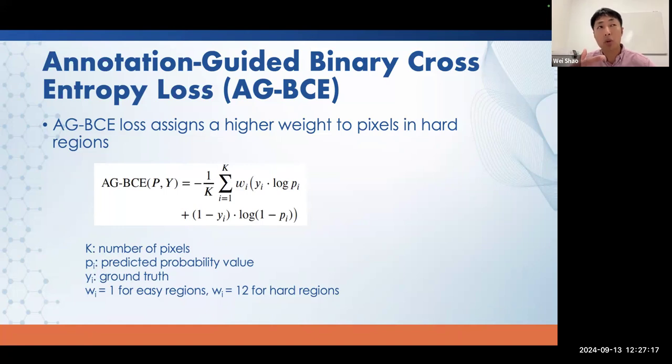The difference between those two types of annotations tells us the locations where it is more challenging to segment. We designed our loss function so that we pay more attention to those more challenging regions during training, so that the model performs better on those hard segmentation cases.